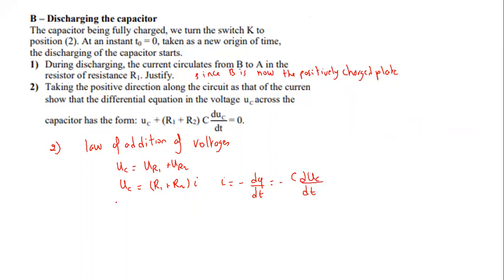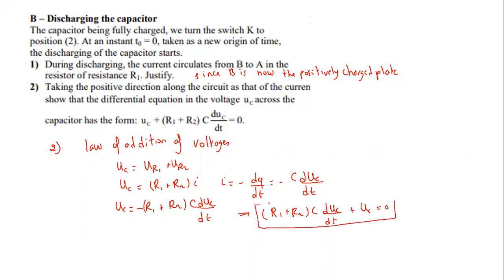And by substitution, we'll get uc equal R1 plus R2 times minus c duc over dt, and then rearranging, we'll get R1 plus R2 times c duc by dt plus uc is equal to 0. Then this is verified.